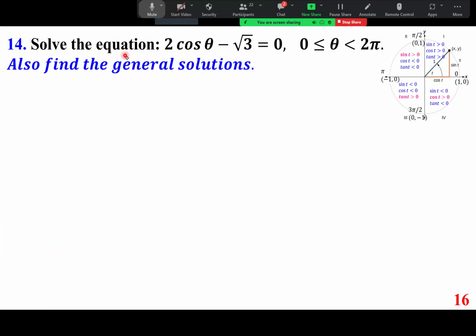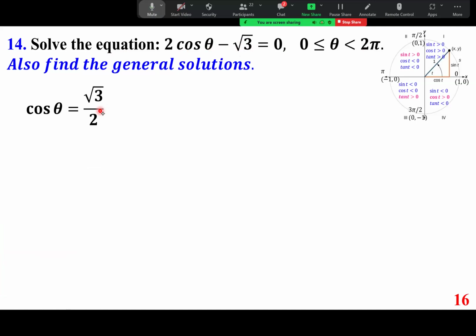Solve the equation 2 cosine theta minus square root of 3 equals 0, from 0 to 2 pi, and we want to find the general solution as well. We are going to move this, divide by 2, cosine becomes square root of 3 over 2. I hope from here to here should be a split second. And so square root of 3 over 2, theta is pi over 6 in the first quadrant.